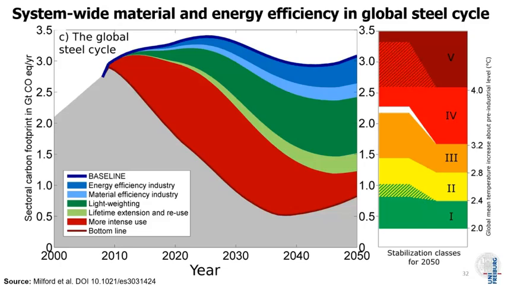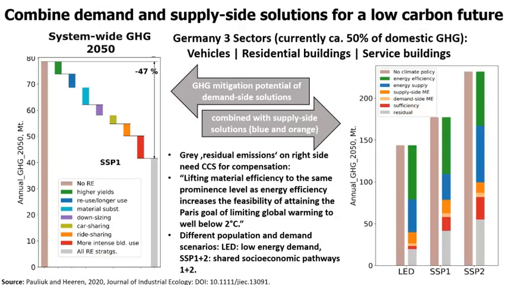That means a lower car fleet, fewer square meters per person through better building design, better urban design in the future. This will help bring down material production. This will help reduce emissions to sustainable ranges. Overall, our research finds that we need to combine demand and supply side solutions for a low carbon future. That means we need to improve industry.